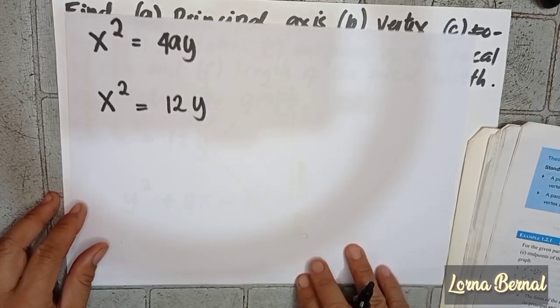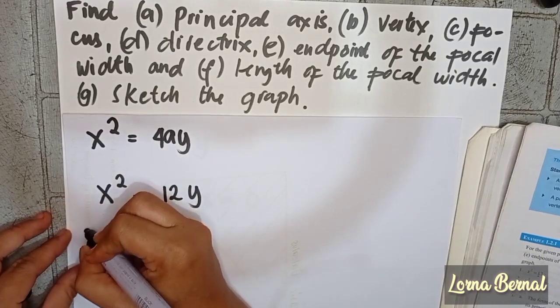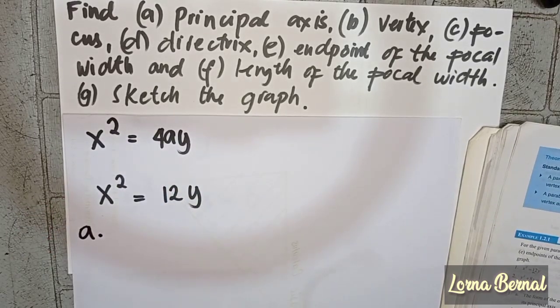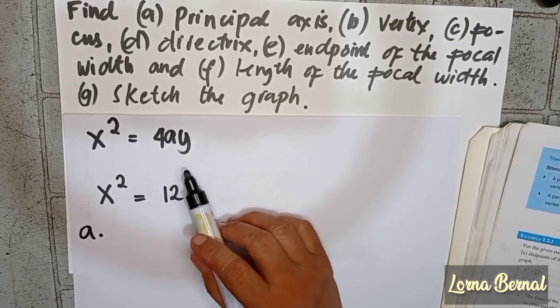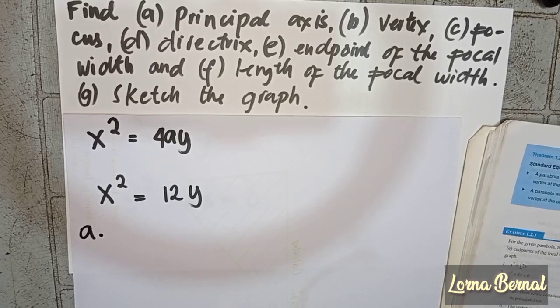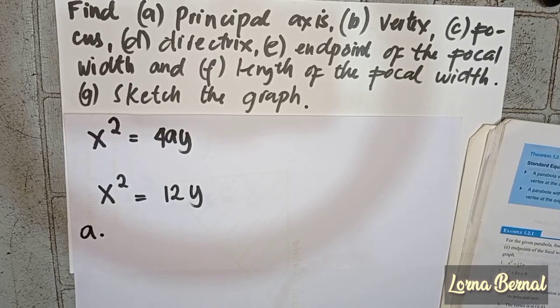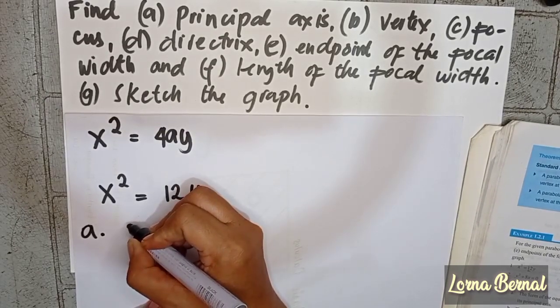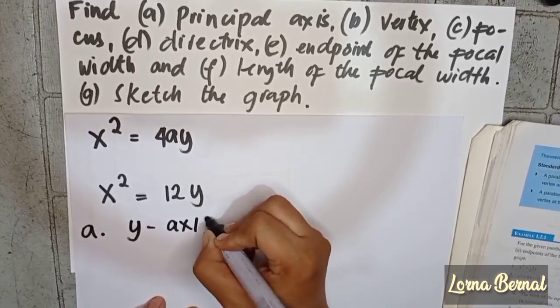So letter A, we are going to take the principal axis. So what is the principal axis? Since the form of the equation is x squared is equal to 4ay, which gives rise to a parabola with y-axis as its principal axis, our y-axis would be our principal axis.